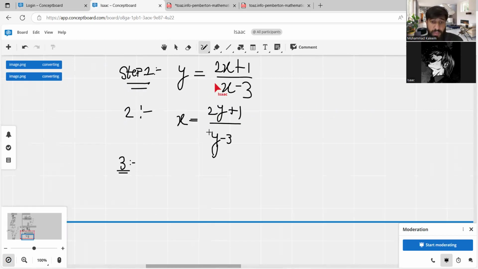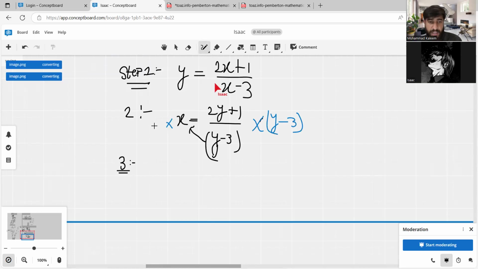So firstly, I will take the whole denominator to the other side, where it will be in multiplication, or you can say I multiply both sides with y minus 3.